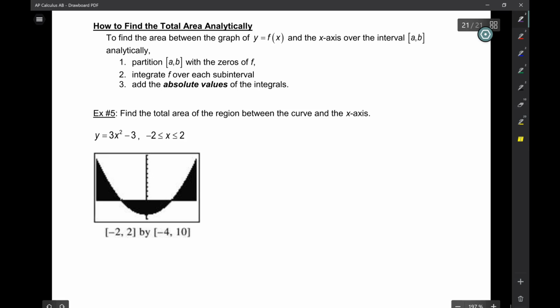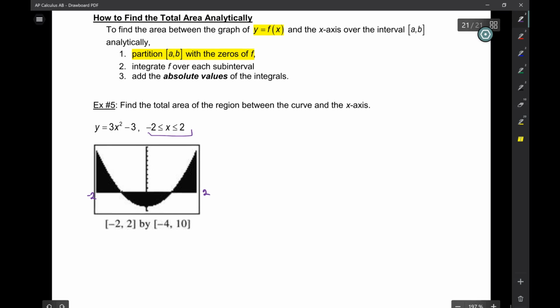So basically what you do is you partition the interval with zeros of f. So look at this one. We want to find the area between y and the x-axis from -2 to 2. And if you graph it from -2 to 2, look at what it looks like. That's what it looks like, right? So here the area is above, below, and above.